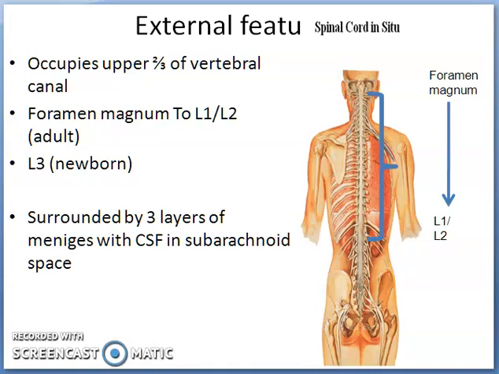The spinal cord is surrounded by the meninges, dura, arachnoid and pia maters, and in the subarachnoid space there is CSF, which is continuous with the cerebral CSF.